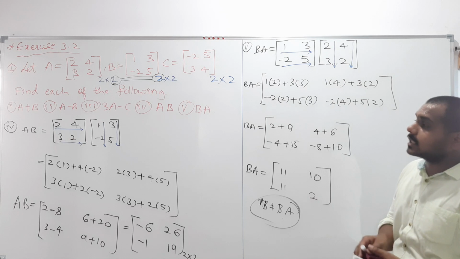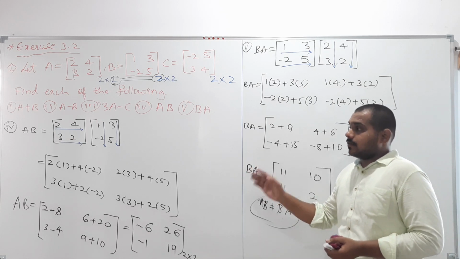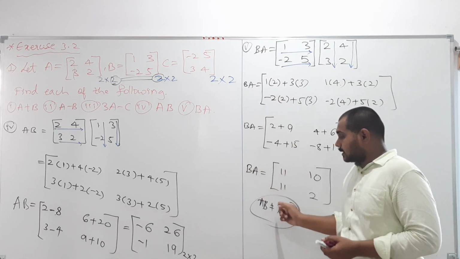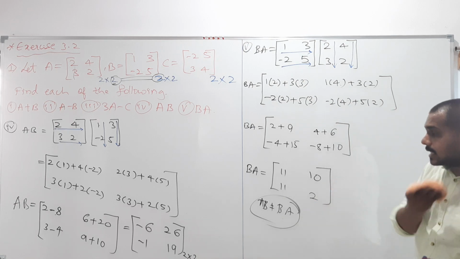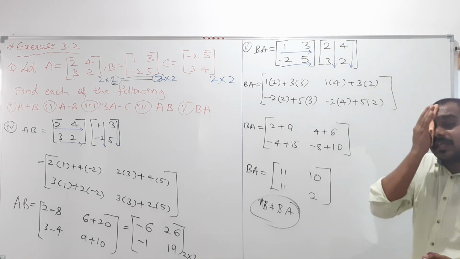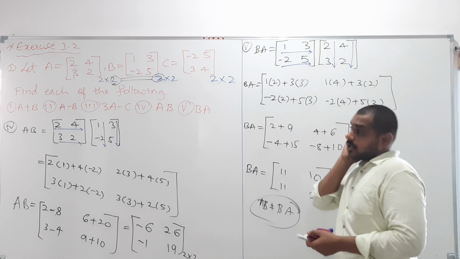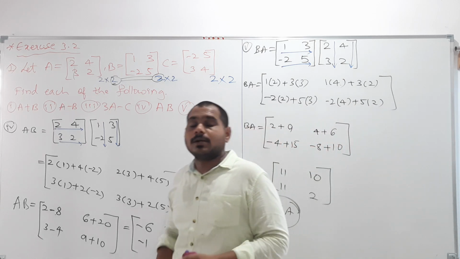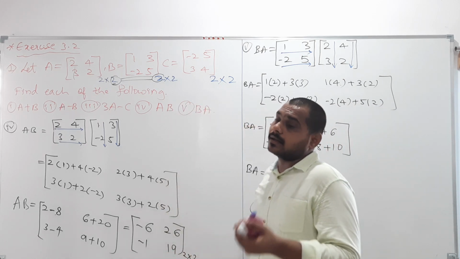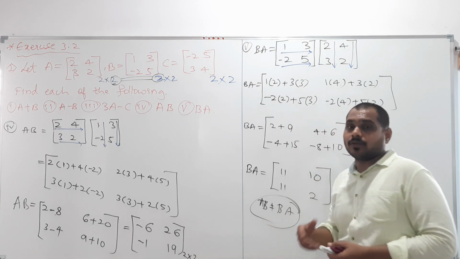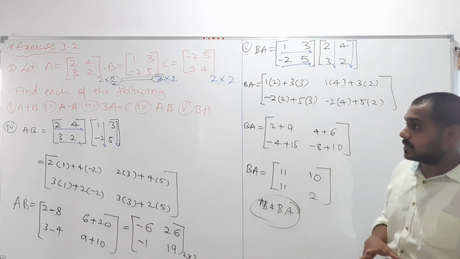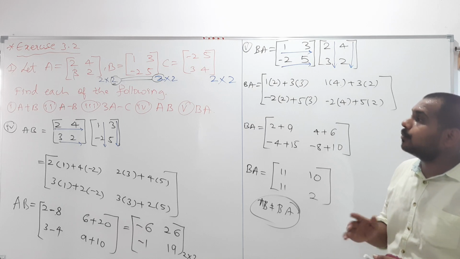As of now, just understand that even though AB and BA are defined, they may or may not be equal. That is the non-commutativity property. While explaining that property, I'll explain these cases. Clear? I hope you understood.